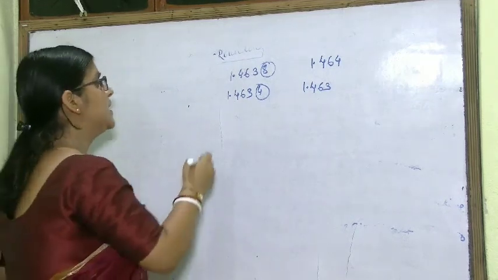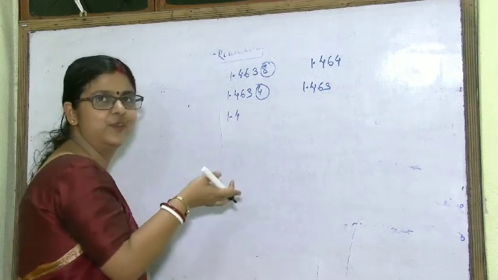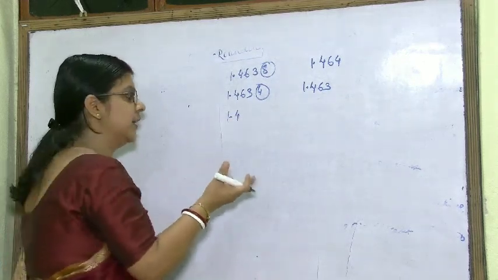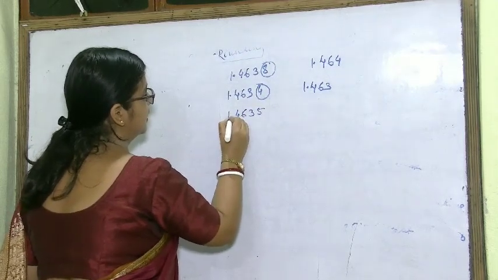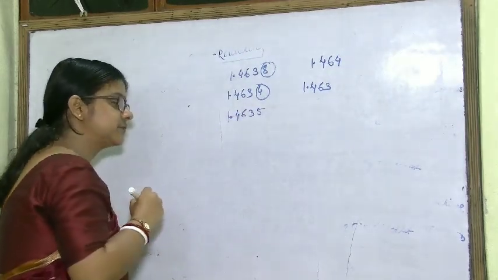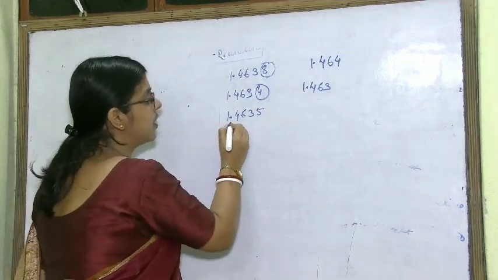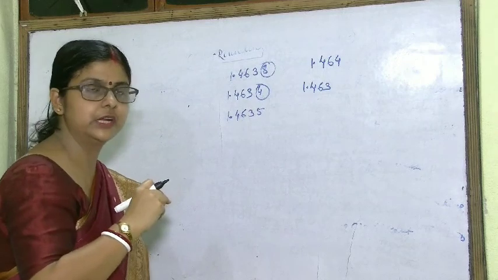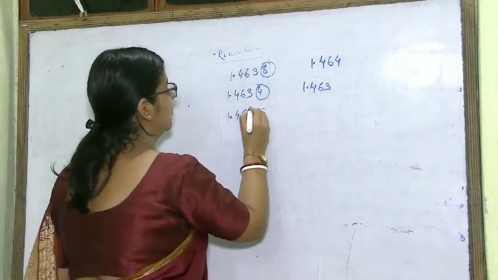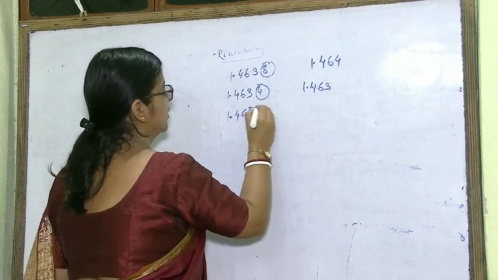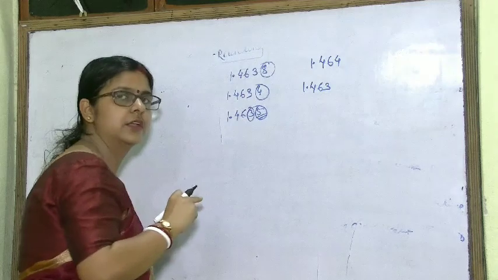Now, if the digit is 5, suppose I am giving this example to make it clear: 1.4635. If you are asked to round off to 4 significant figures, then you will have to see the digit before this 5.